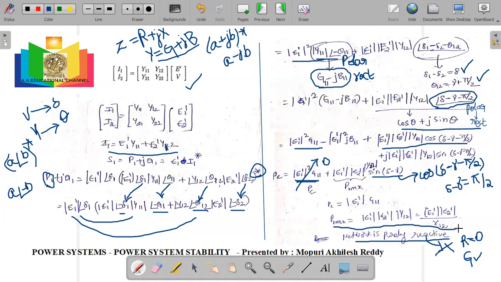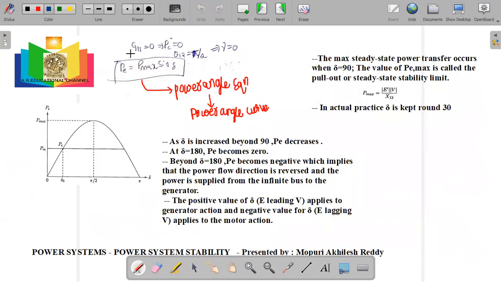Y12 can be written as 1 by Z12, and here 1 by X12, because as we said, the resistance is negligible. Y is equal to 1 by Z, Z is equal to R plus JX, R is negligible, so it is 1 by X. So G11 is equal to 0, so PC is equal to 0, and theta 12 is equal to pi by 2, so gamma is equal to 0.